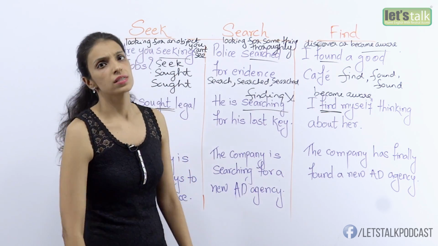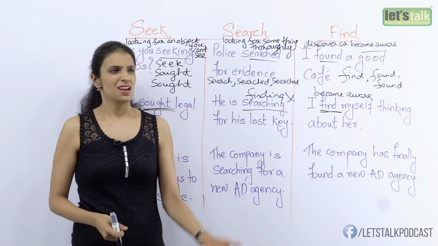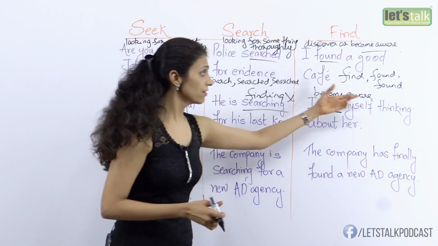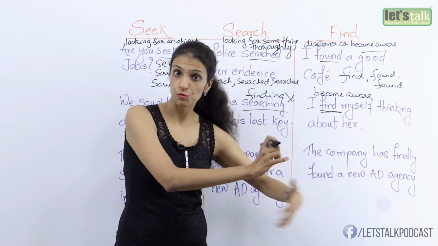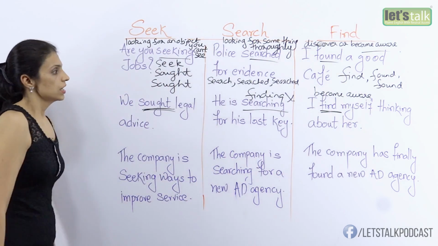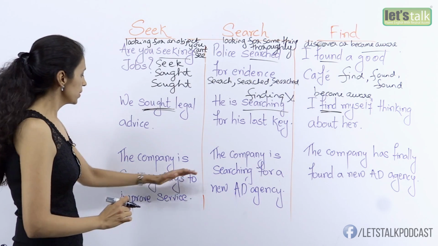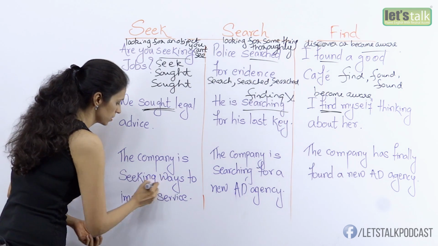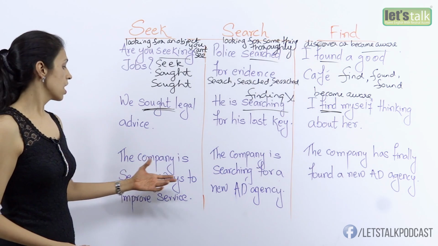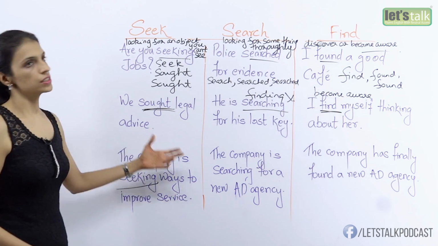Or sometimes your friend is too quiet, you say, "I find you quite aloof these days, what's wrong?" So you are aware that he is quite aloof, so you find him quite different these days, right friends? Okay, a few examples. The company is seeking ways to improve services. That means the company is looking for ways to improve services.